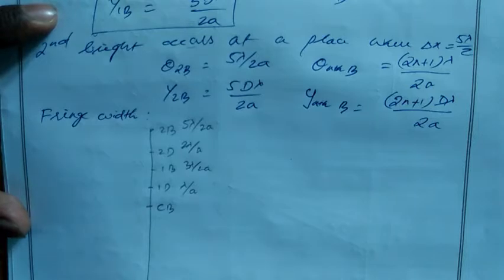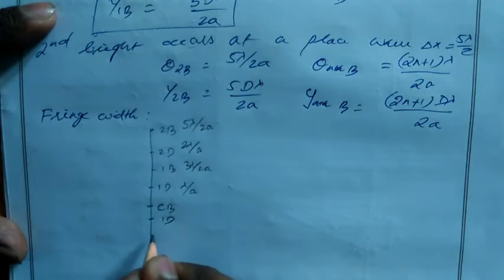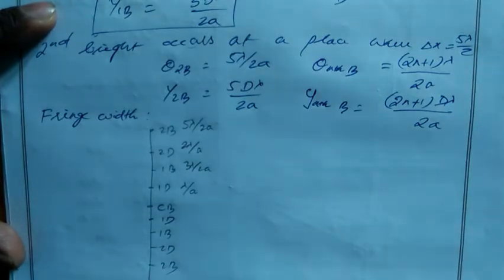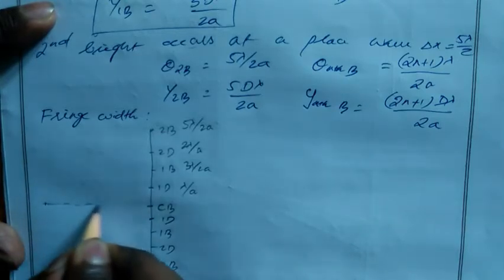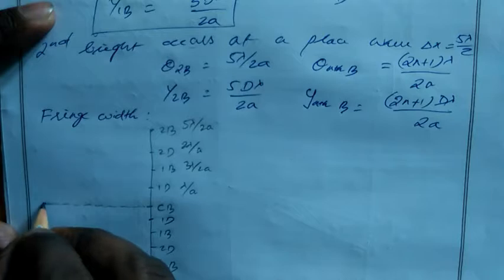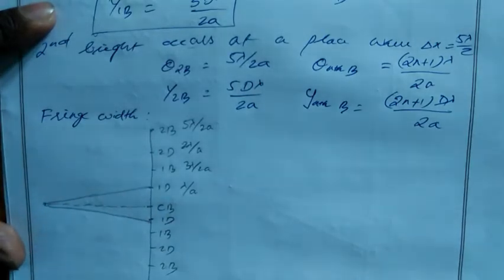So let's take the difference for the central bright. Here we have 1d, 1b, 2d, 2b. We have a central line for the central bright and a diffraction line for the first dark.